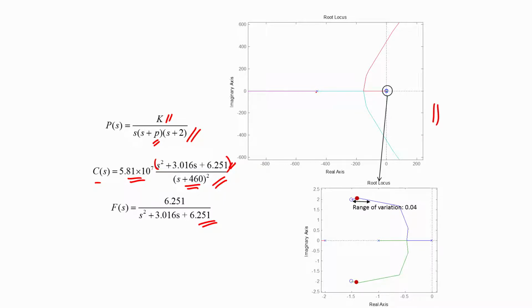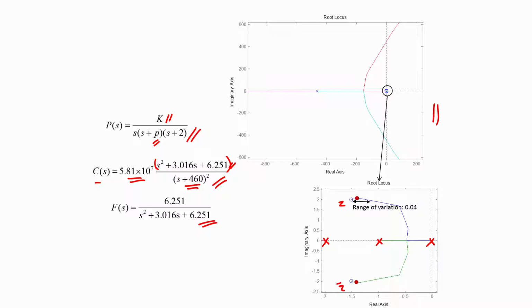We only have the far away poles of the plant that are visible at the point s = -460. In order to view the root locus in the vicinity of the origin we zoom into the area near the origin where we can locate the points P1, P2 and P3 of the plant and the points Z and Z̄, and the root locus appears the way it is shown in this figure.